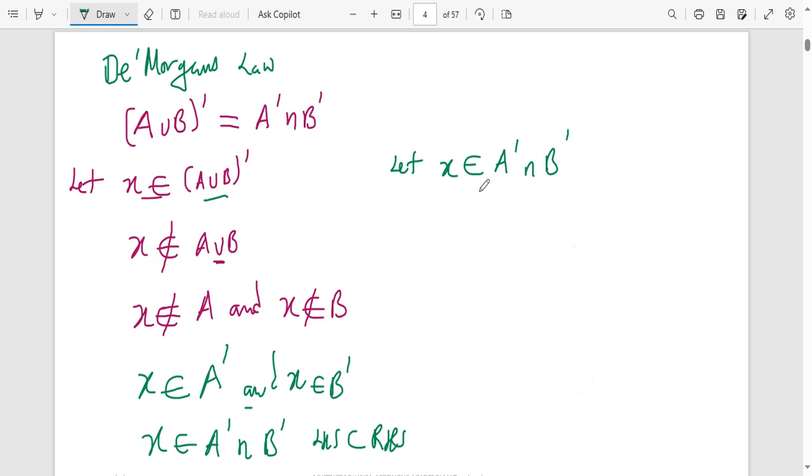And what is that going to mean? This will mean that, since X is a member of A complement and X is a member of B complement, X is not a member of A, and also X is not a member of B. Why?